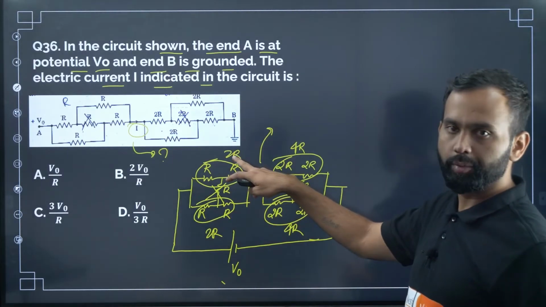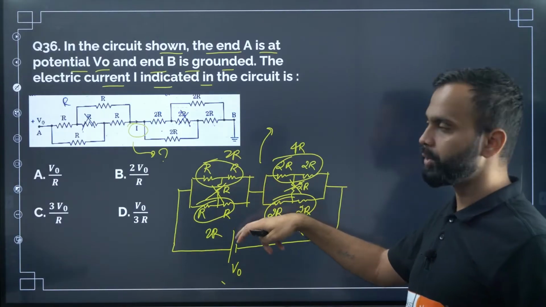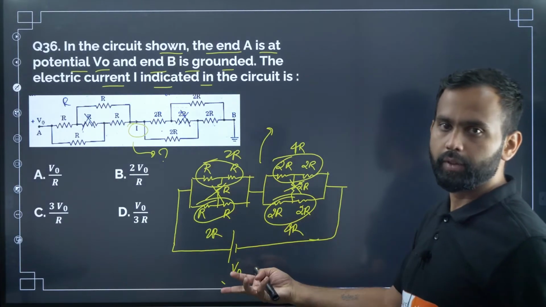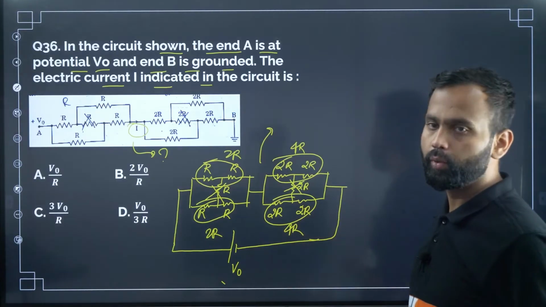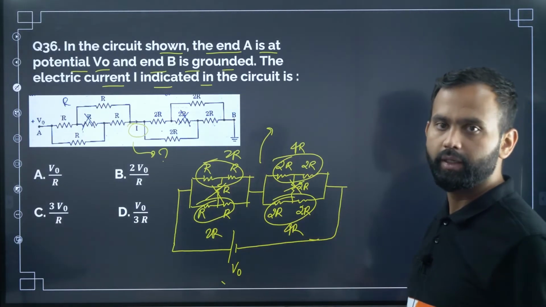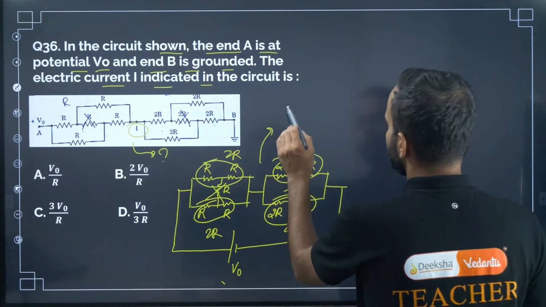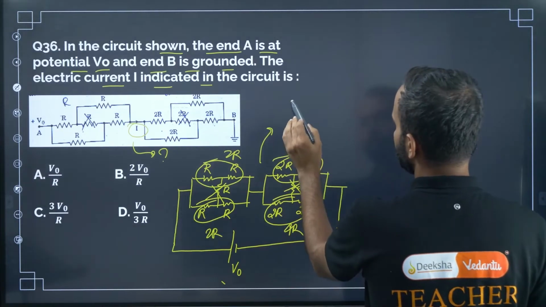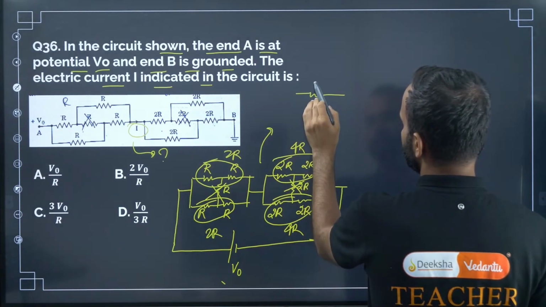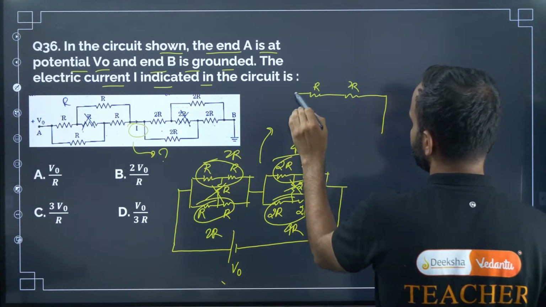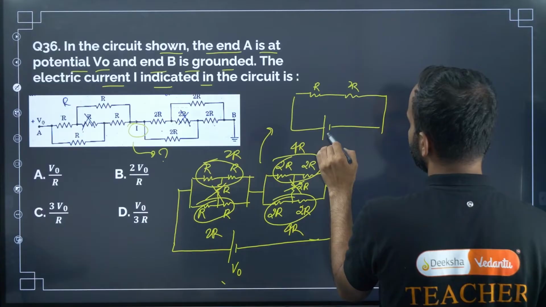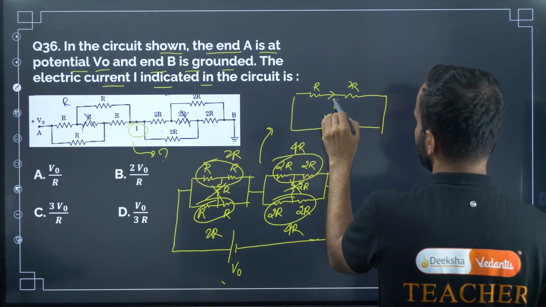Then equivalent resistance will be 1 by 2R plus 1 by 2R, which is R only, right? Here this will be 1 by 4R plus 1 by 4R, that is 2R, right? Net resistance will be 2R, right? Isn't it? So now here the equivalent circuit diagram will be R, 2R and V naught. Here the current is flowing, right?